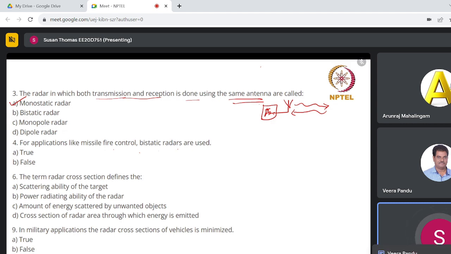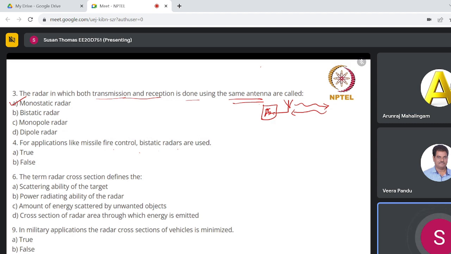I can give you a clue on that. What do you mean by a bistatic radar? We require it whenever you need continuous transmission and reception of the signals. So you are continuously transmitting and continuously receiving the signals, then you require a bistatic radar.